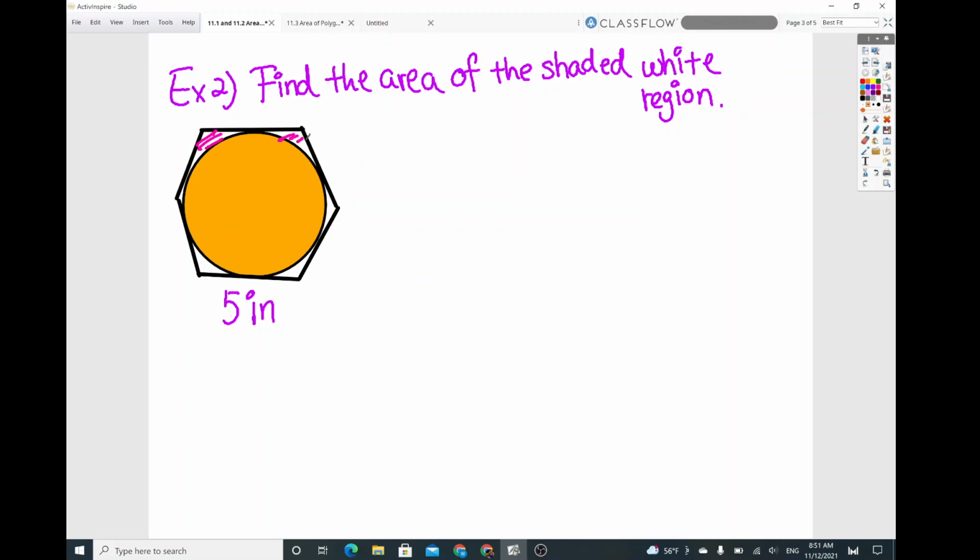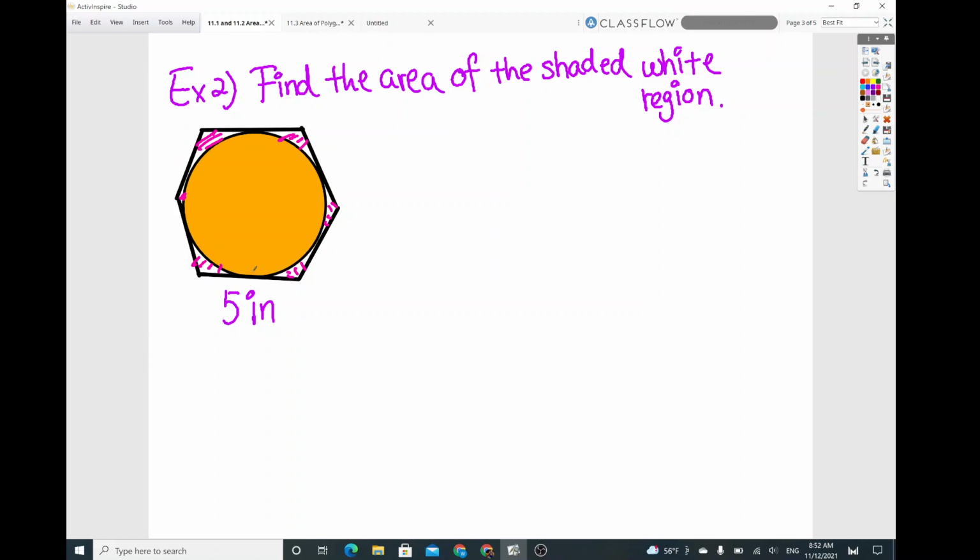This one is considered an inscribed circle bounded by the hexagon. The first thing we need to find is the area of the hexagon. That's something we'll talk about in the next section as well.